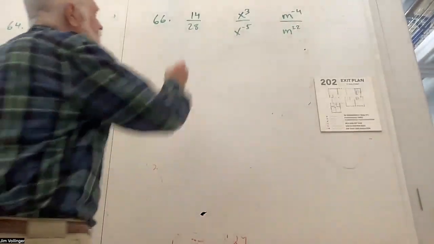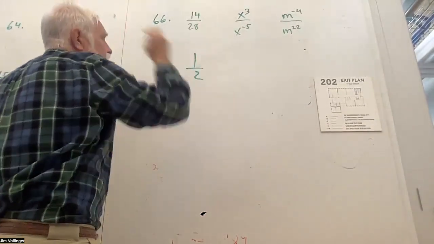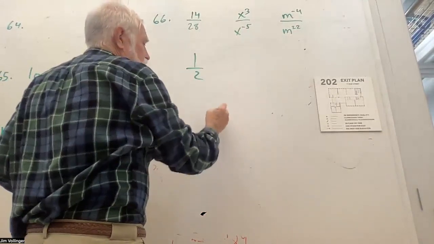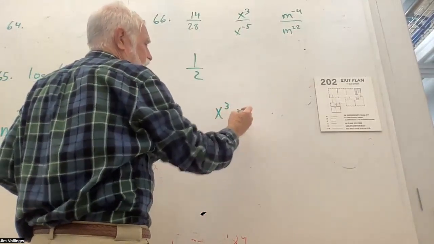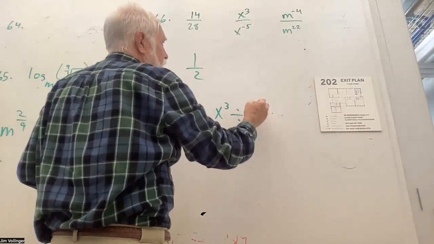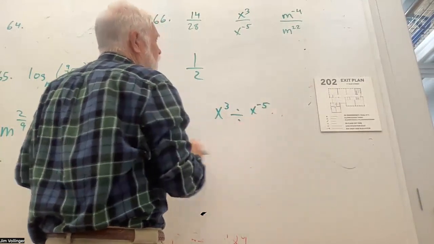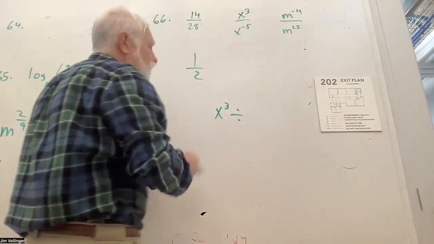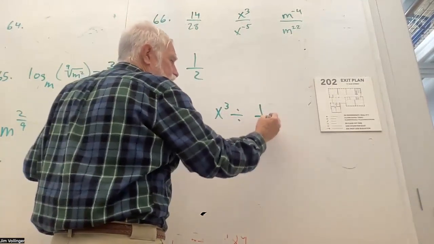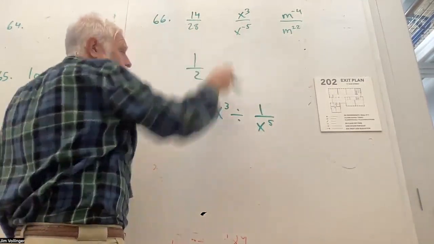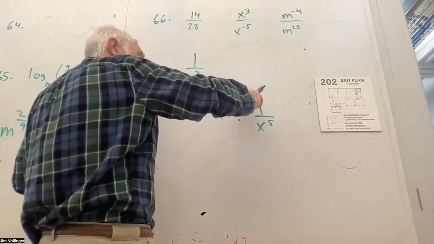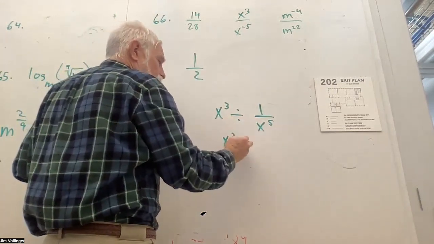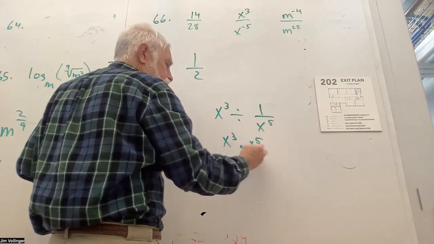Okay, so 14/28 is a half. X to the 3 is being divided by x to the -5. How do I want to say this? Well, x to the -5, I got to change it to 1 over x to the 5 right now. Okay, and when you divide by a fraction, you multiply by its reciprocal.